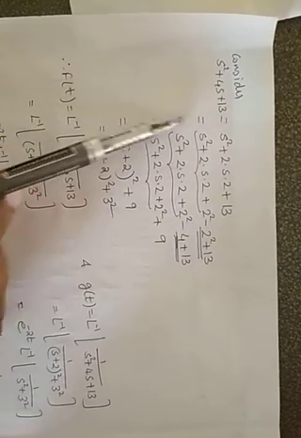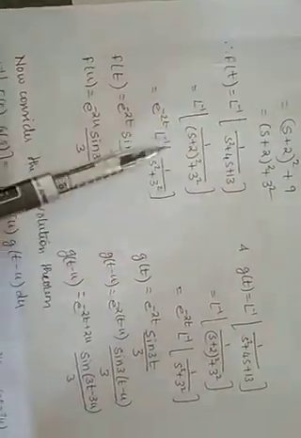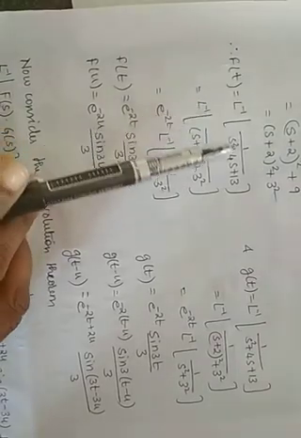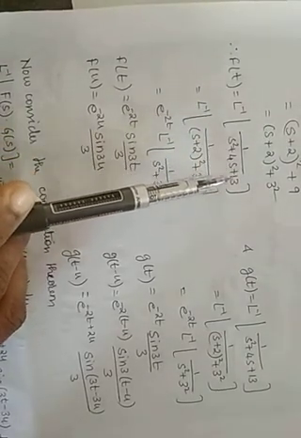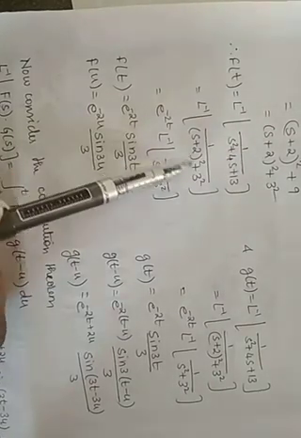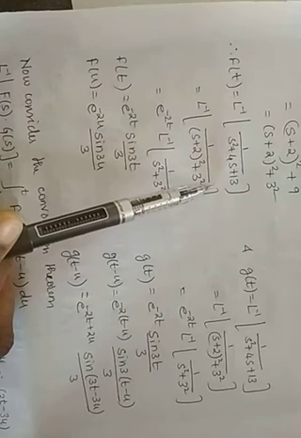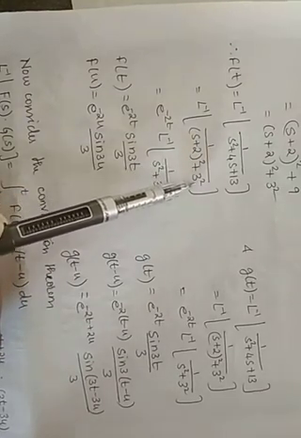Now in the numerator there is at least 1 only, so no need to worry. So directly we will go with f of t and g of t. As we know, f of t is L inverse of 1 upon s square plus 4s plus 13. Now what is s square plus 4s plus 13? It is s plus 2 the whole square plus 3 square. So it is 1 upon (s plus 2) the whole square plus 3 square.